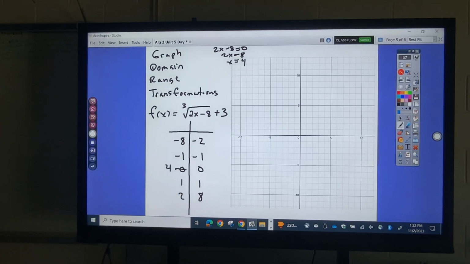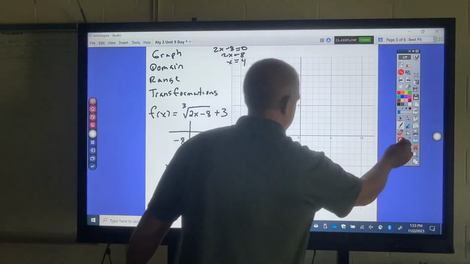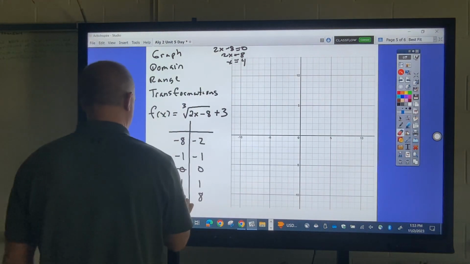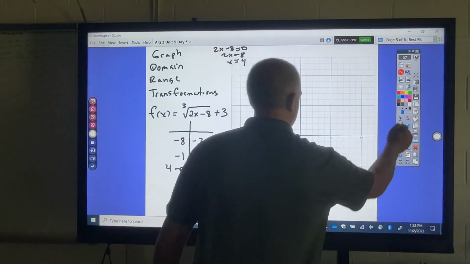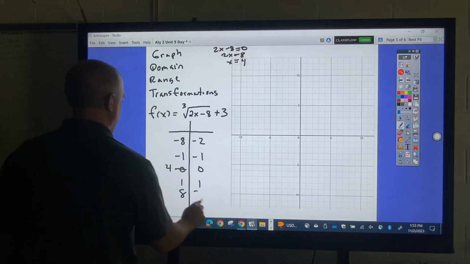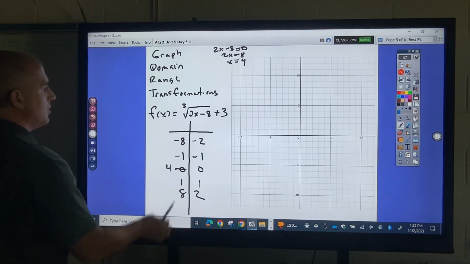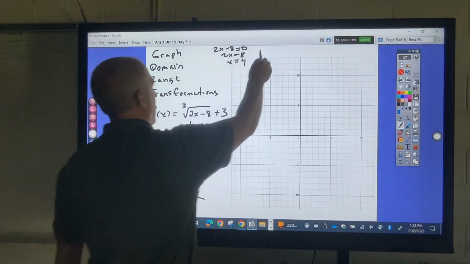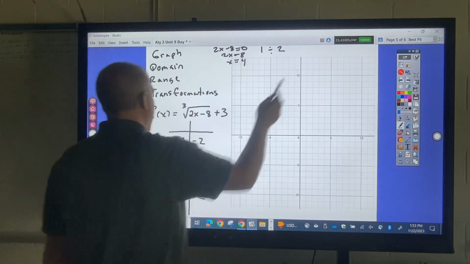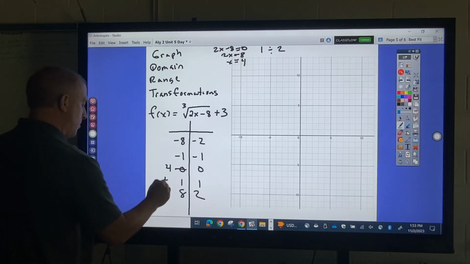Oops, sorry, this is not right. Okay, so then I got to have my interval 1 divided by 2 would be 1/2. So this would be 4.5.